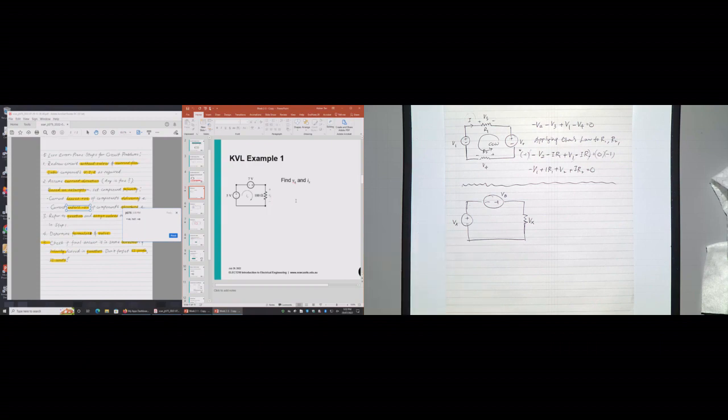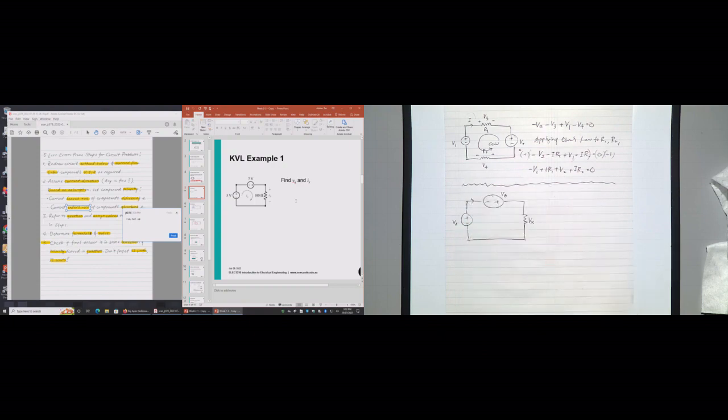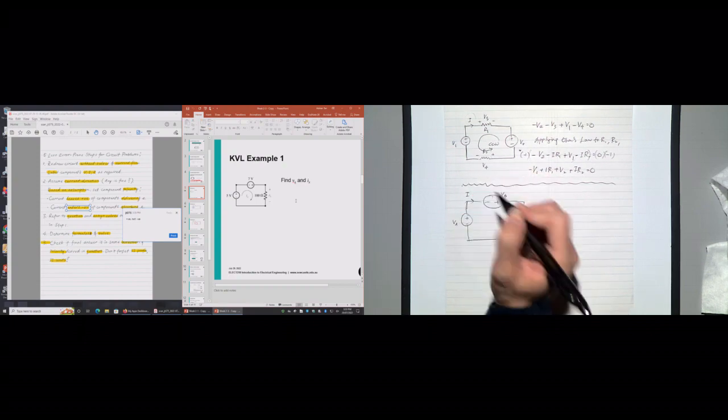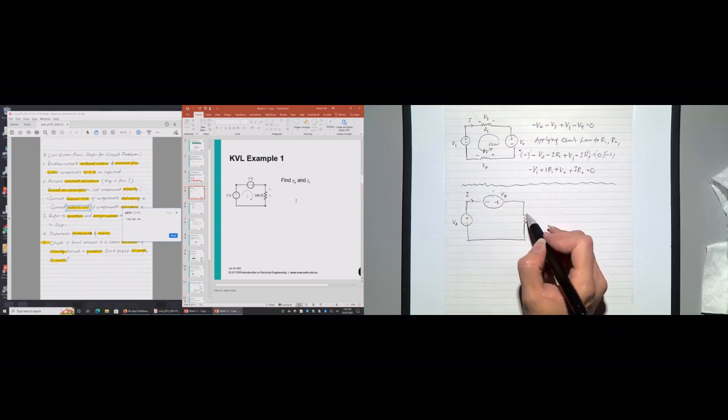I'll try to solve this problem with only my diagram here. So step 2, assume any current direction. Any is fine, like I mentioned just now. If it's the wrong direction, you just get a negative value and flip it over. So I call my current I. Remember, this is a series circuit, so the current flowing through this voltage source is the same as the current flowing through this voltage source, and the same as the current flowing through the resistor as well.